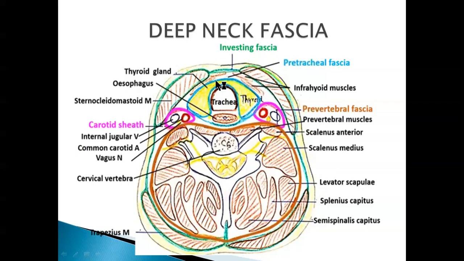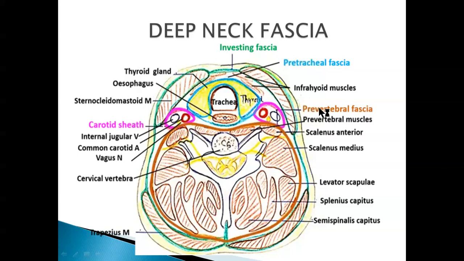This is your trachea, and this is all your pretracheal fascia, coming like this. When we talk about the pretracheal fascia in more detail in an upcoming slide, it will be much easier for you to understand.